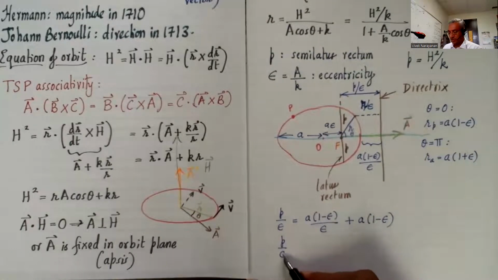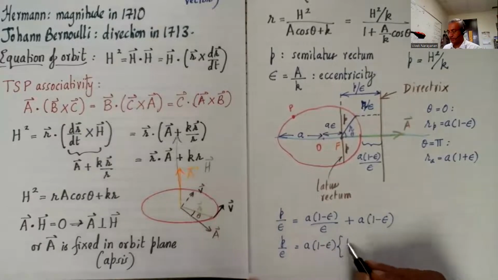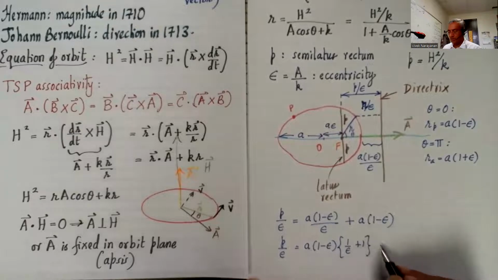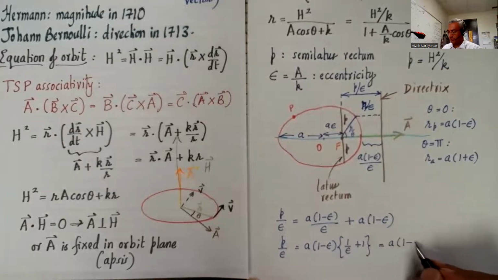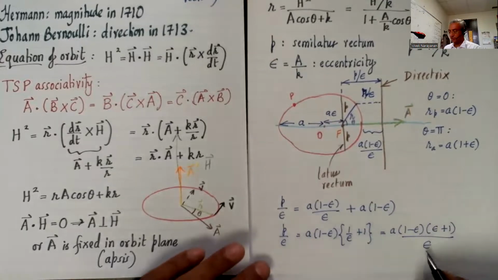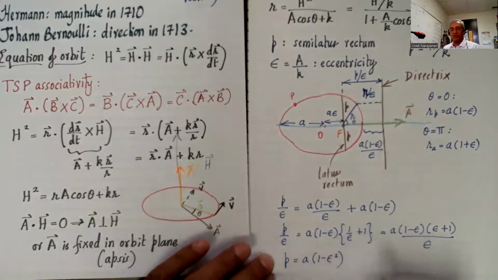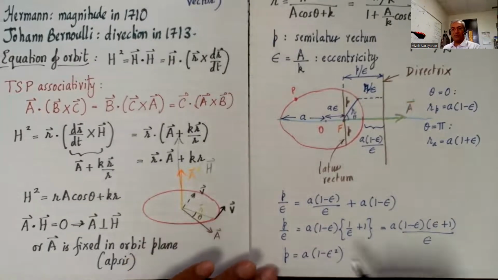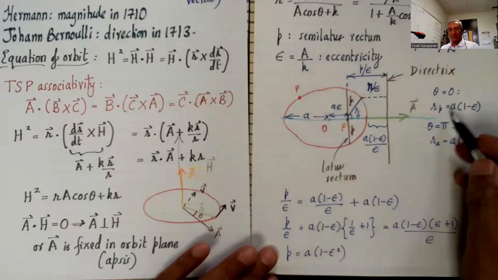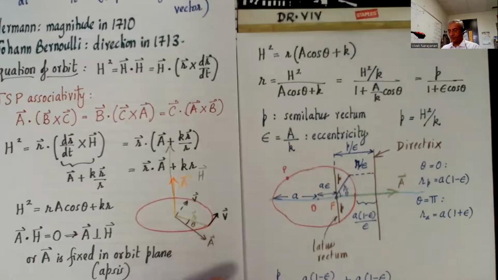So I get P over epsilon equals A times 1 minus epsilon, which is common to both terms, and then I just have 1 over epsilon plus 1. Well, that is A times 1 minus epsilon times epsilon plus 1 divided by epsilon. Cancel out epsilon from both sides. So I get P equals A times 1 minus epsilon squared. So indeed, that's how you get those two values. So let's write the r equation again in terms of the new understanding of what P is.